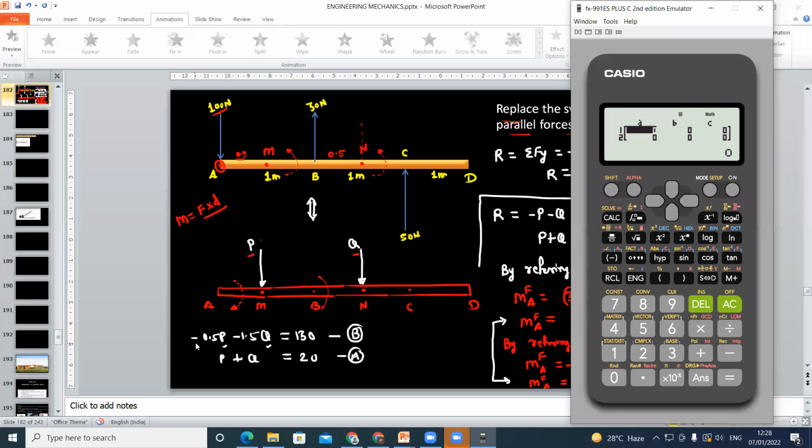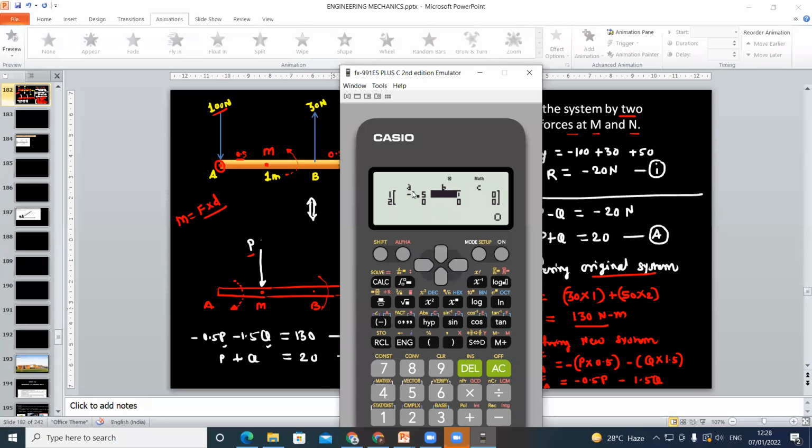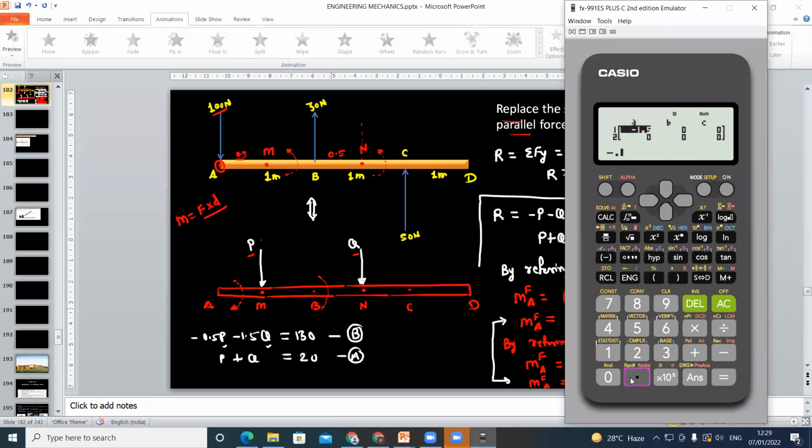So you can enter these values: 0.5, minus 0.5, then minus 1.5, and on the right side, the constant is 130.